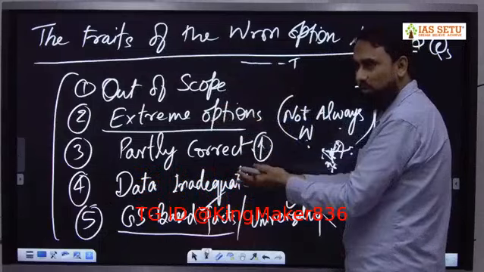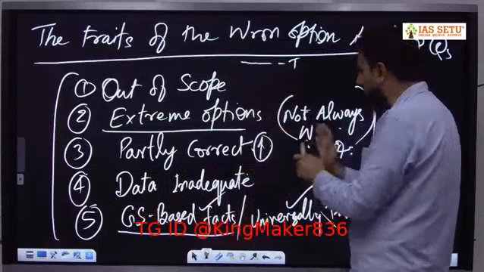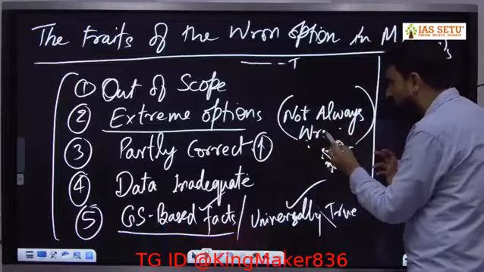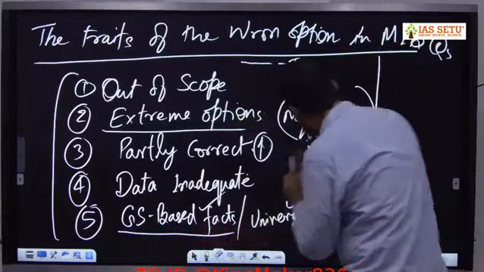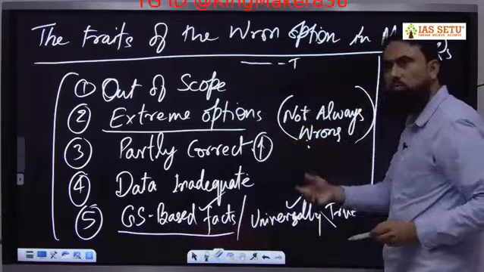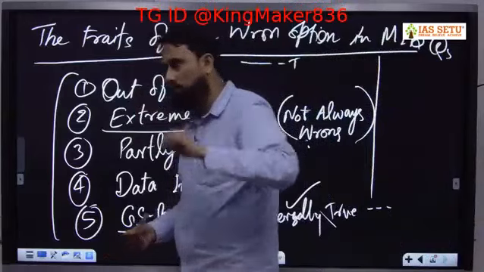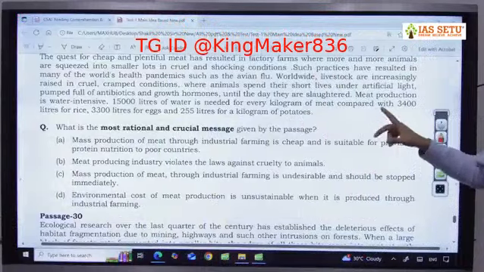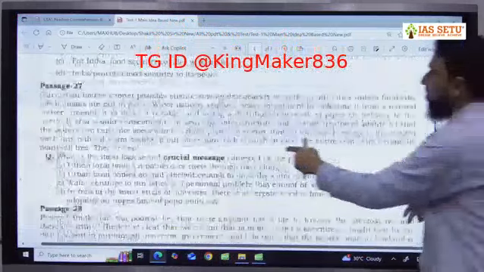It is acceptable. So I was just telling that case, that it's not always wrong. That's what I said. And I will show you, when we solve questions, you will see that in some cases this becomes correct too. So having discussed that, let me take you back to this.